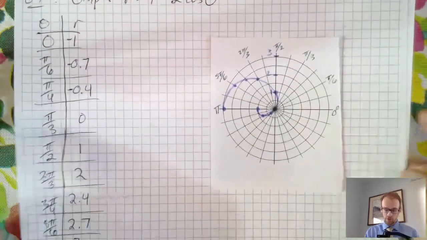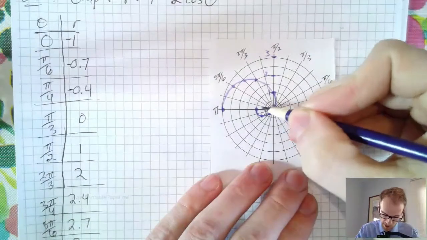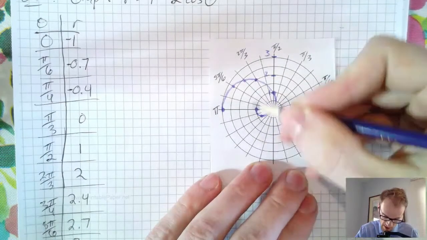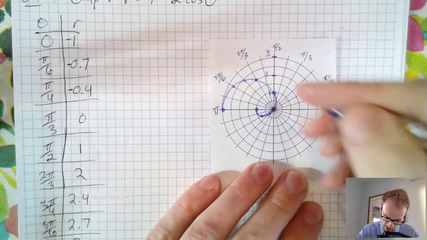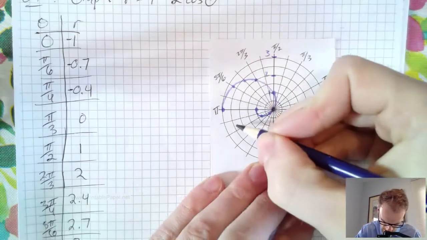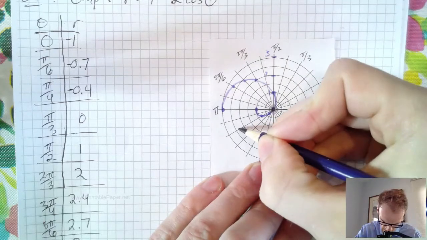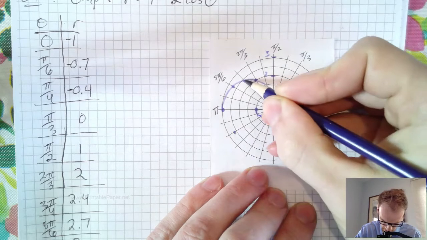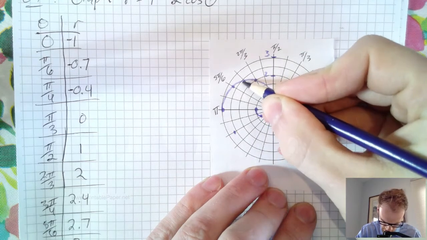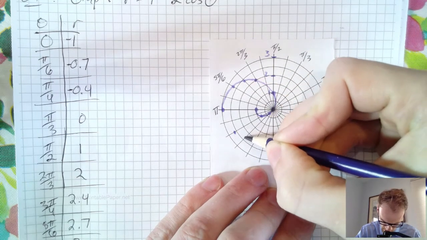Okay. So how do I reflect it? Well, I just take each point and reflect it up or down, depending on which side it is, across that x-axis. Okay, so this point right here is going to end up, well, let's see, right here, I think, right? Yep. This one goes here.